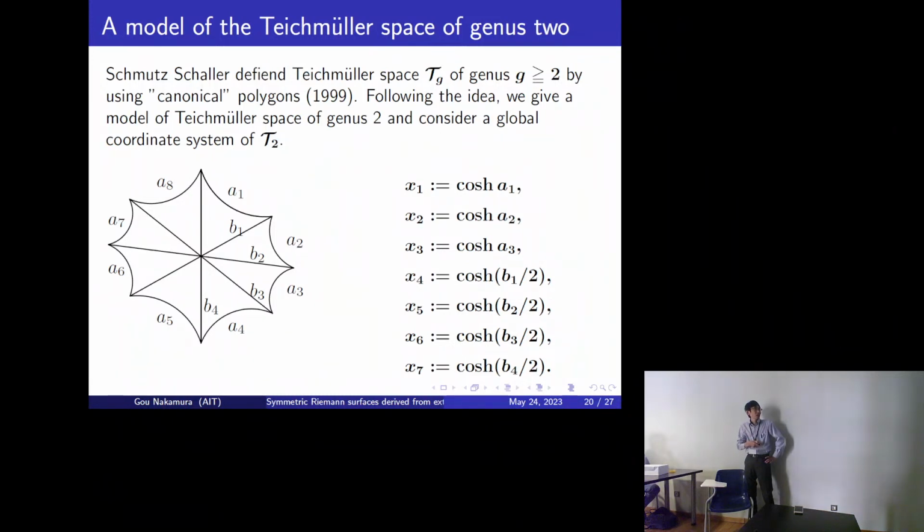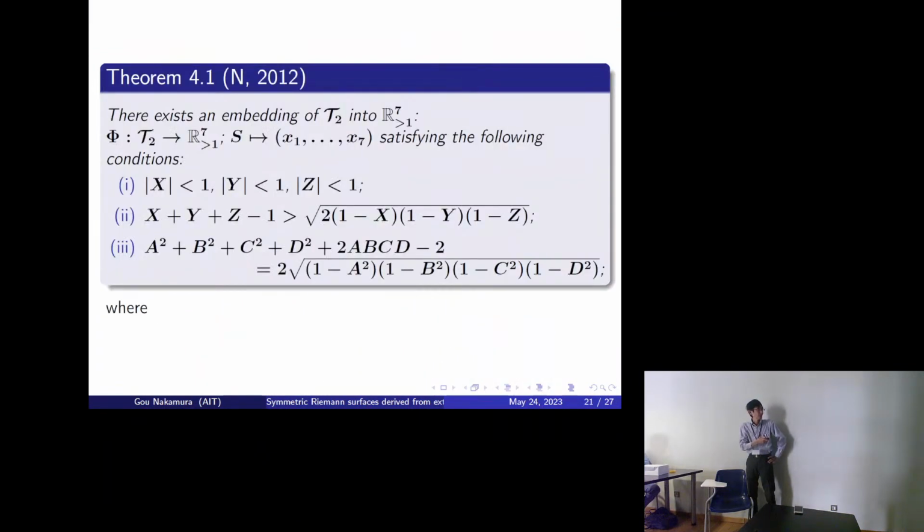So we need 7 values. Using these 7 values, we get a coordinate system of the Teichmüller space T2.